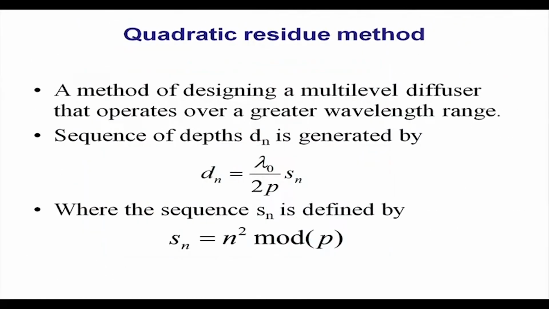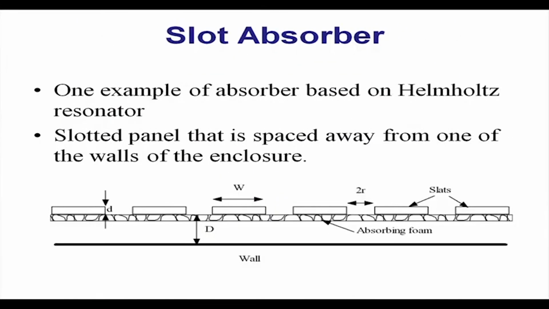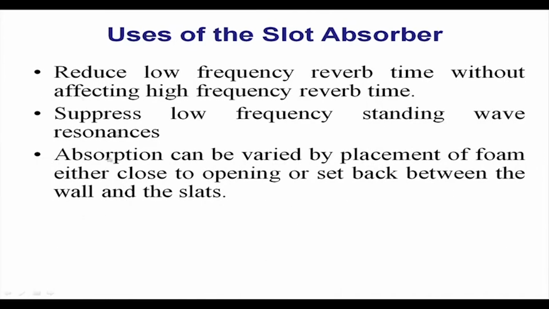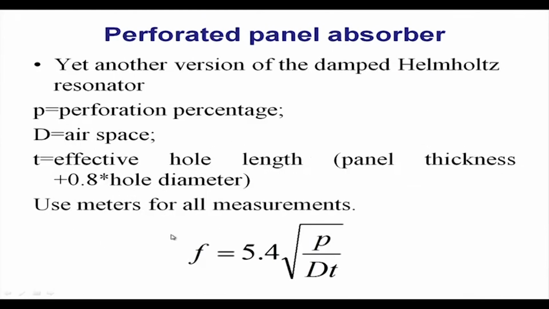So, for absorption, some absorptive material is also required. So, what kind of material is there? For absorption, I can use a slot absorber. You can read that slide for the use of the slot absorber, or I can use the perforated panel absorber, where the frequency formula is given.